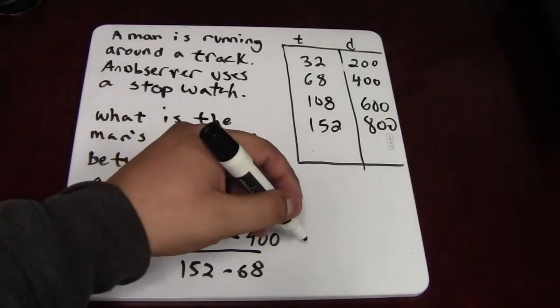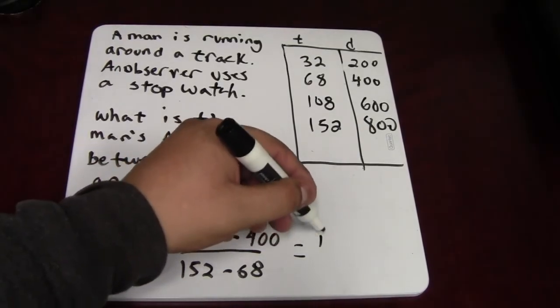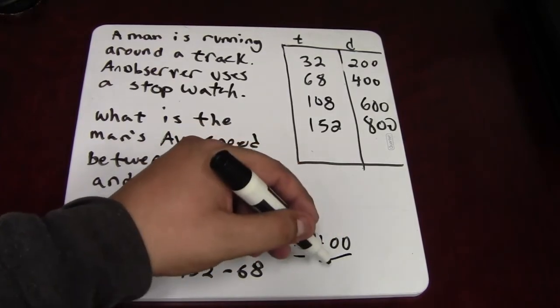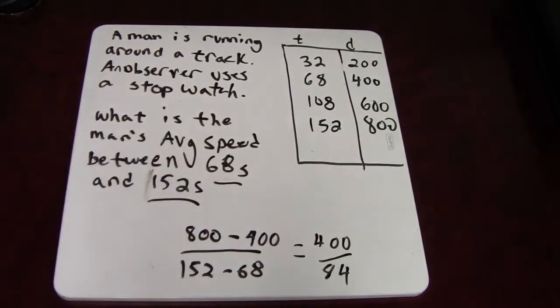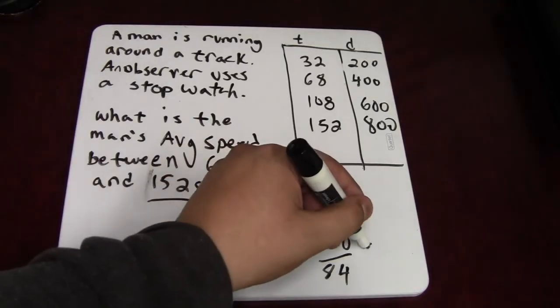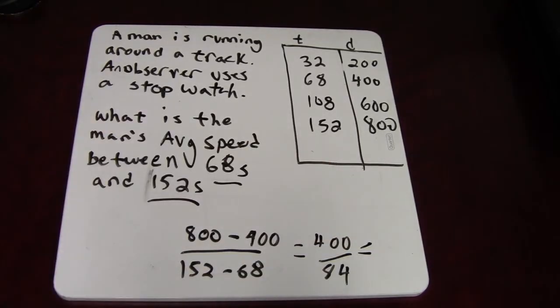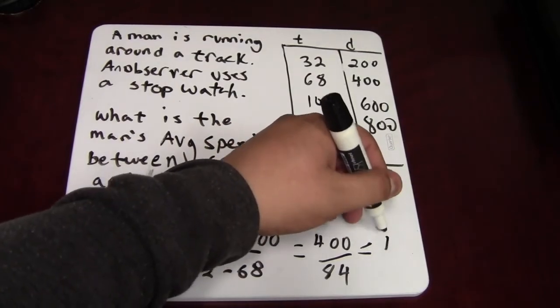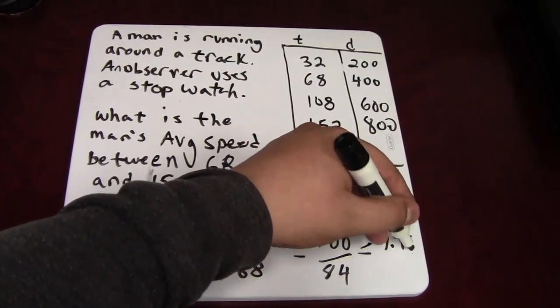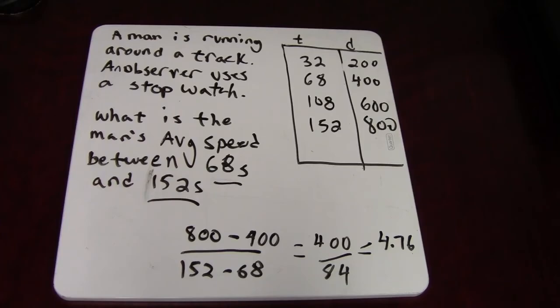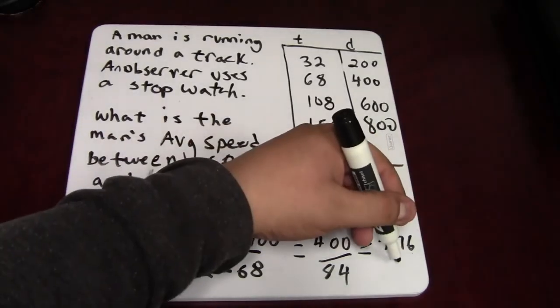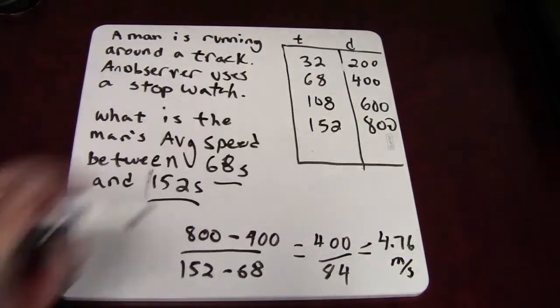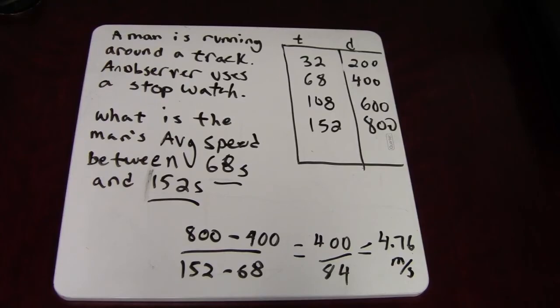So this becomes 400 over 84. And when you do this division, you get around 4.76. So the average speed here was 4.76 meters per second. And that's how you solve some application type problems using the rate of change.